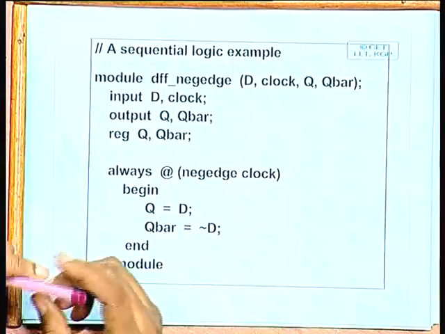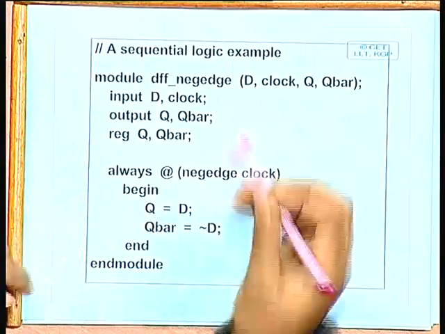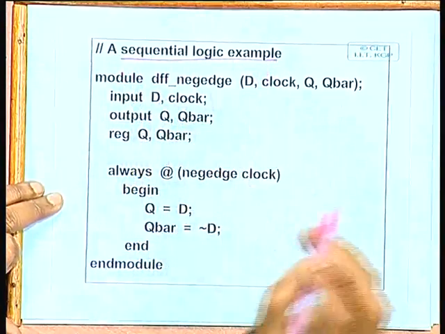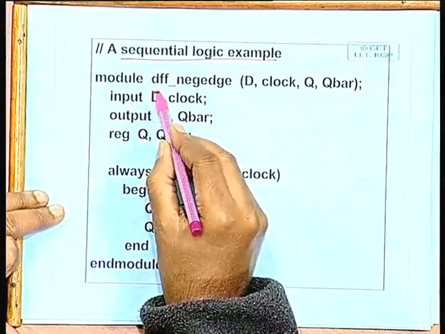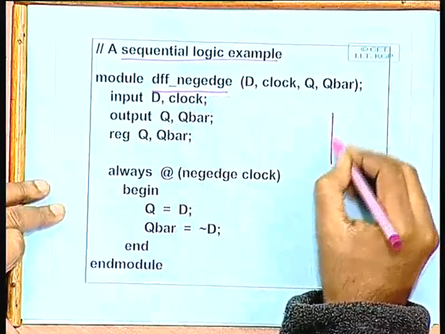Now, for sequential logic, we look at a couple of examples. First, say here you have an example where we are trying to synthesize a D flip flop.